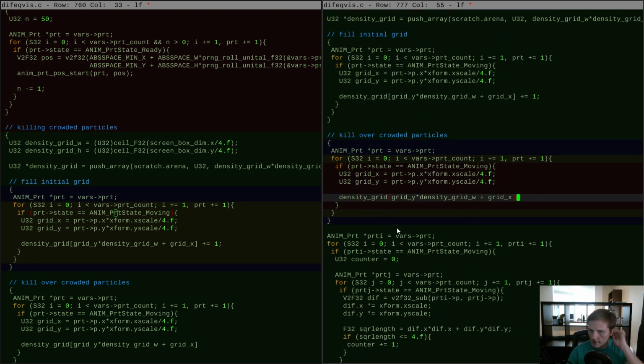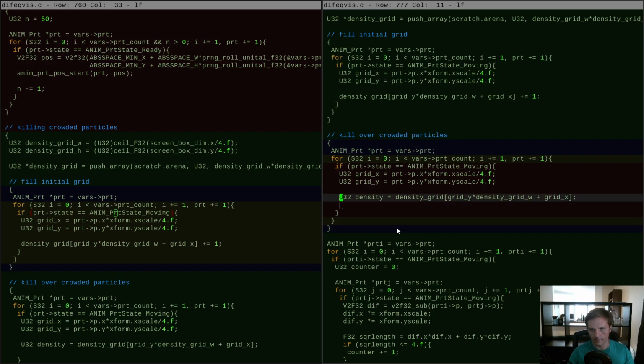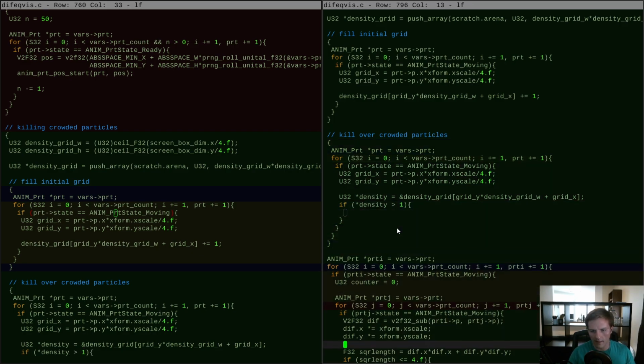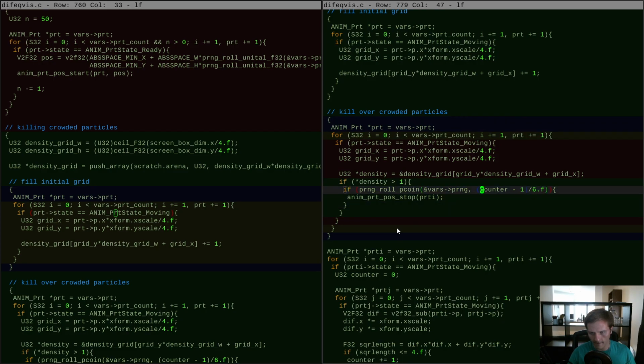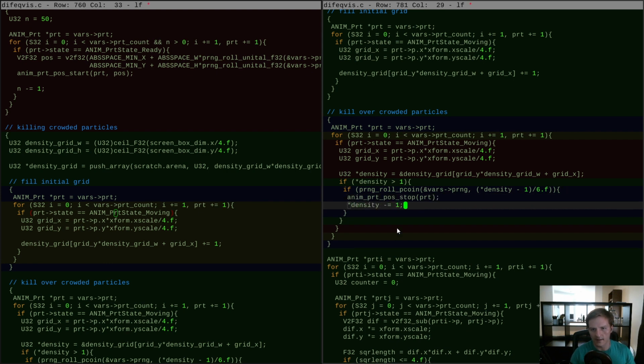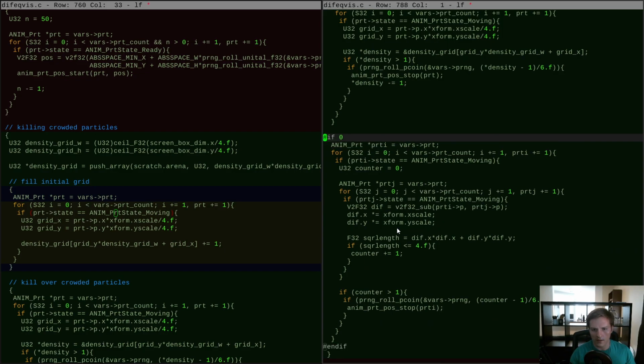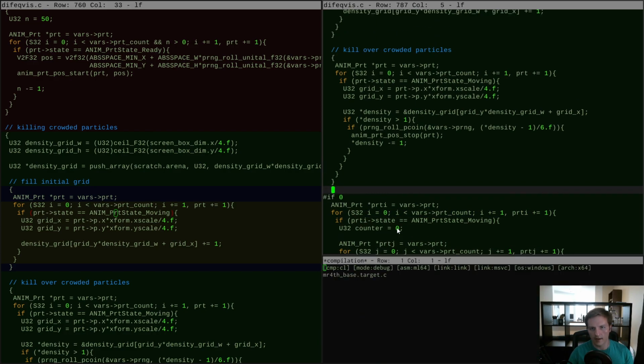And we're going to look at this and say if the density is greater than 1, then with a probability that grows with the density, we'll stop that particle and we'll decrement the density by 1. So how does that go? Is that reasonably fast? Is that doable? Okay, so that works. No n squaredness.